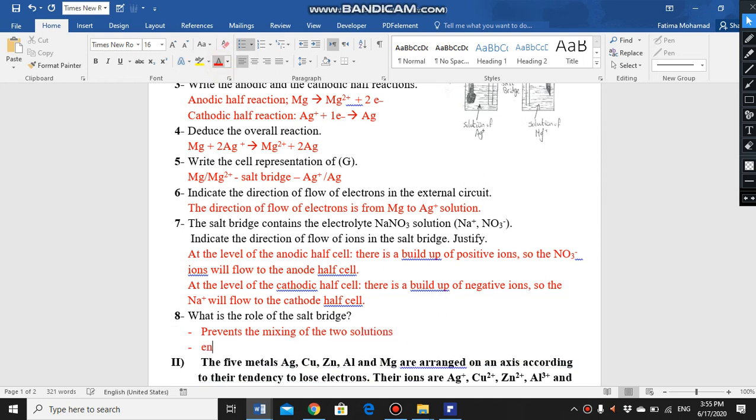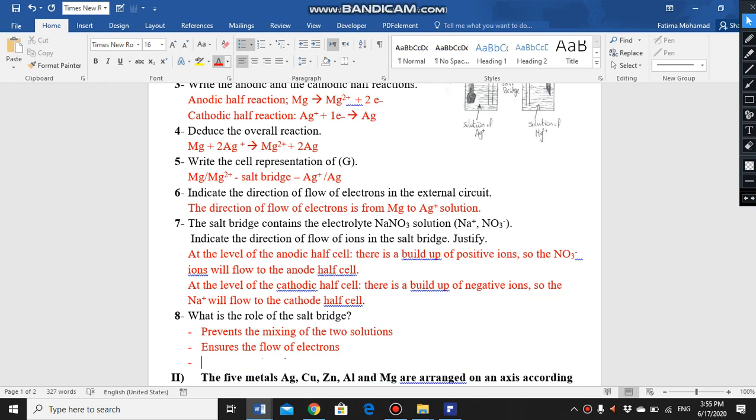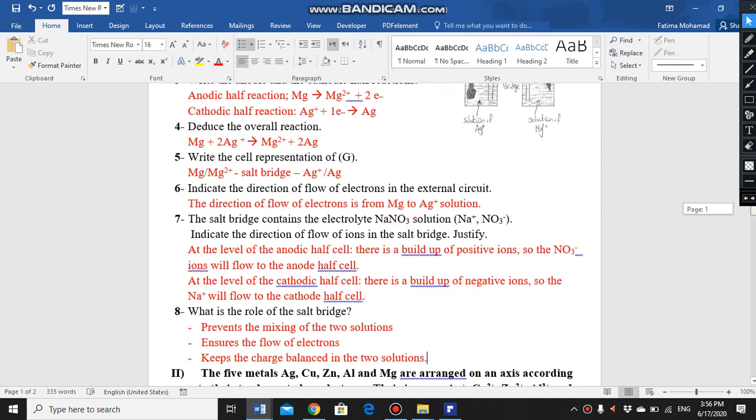It ensures the flow of electrons, and finally it keeps the charge balanced in the two solutions. Okay, so this is the first exercise.